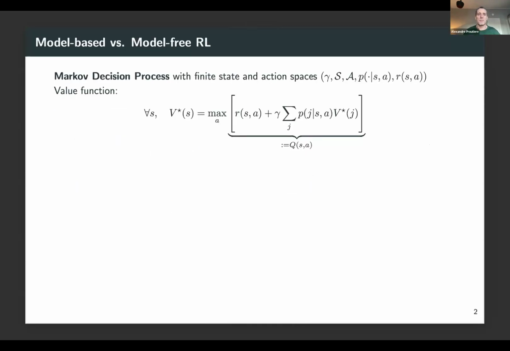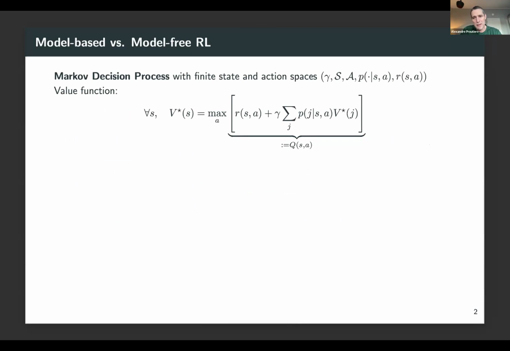All right, so the talk is about reinforcement learning. In reinforcement learning, typically we model the problem as a controlled Markov chain defined by gamma, a discount factor, a state space S, an action space A, and stationary transition probabilities.